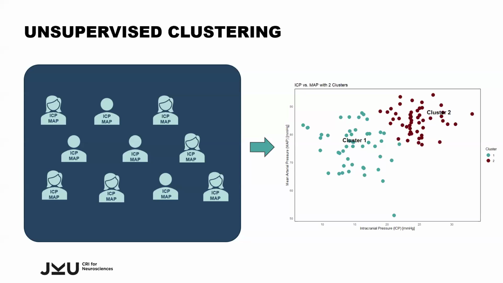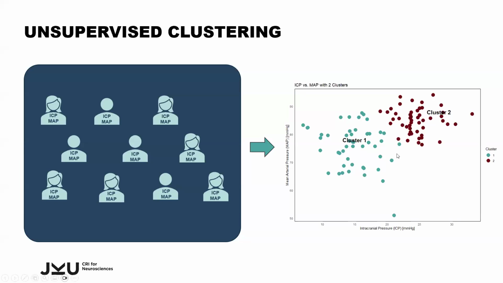So what does this tell us? It tells us at least that patients in cluster 1 are more similar to each other than to the patients in cluster 2, which is of interest, for example, when you think about individualizing therapies, as some therapies might work for some groups of patients compared to the whole group.